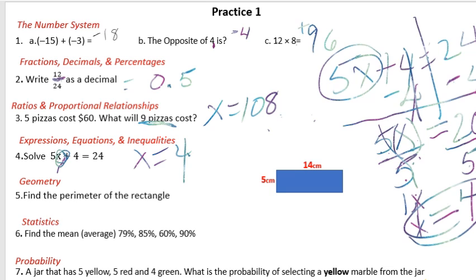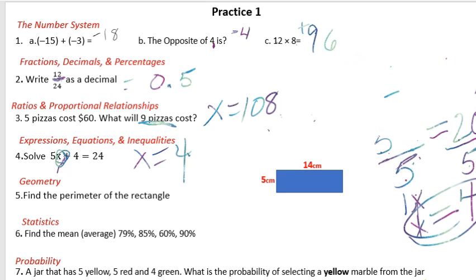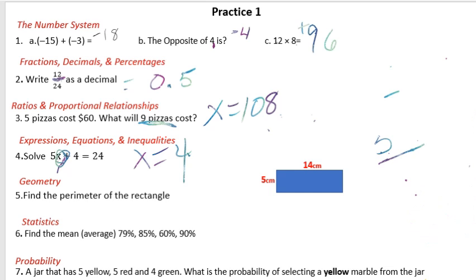and get the answer that's already there. Let's check our work and see if it's right. All right, so we're saying that x is equal to 4. So that means if I write this equation out, I plug in 4 here. I'm going to go 5 times x, which is 4.